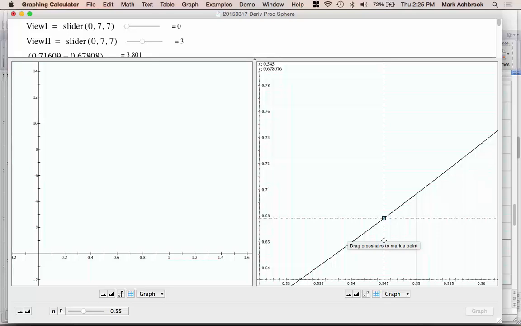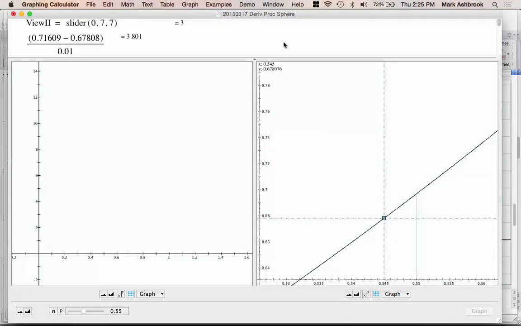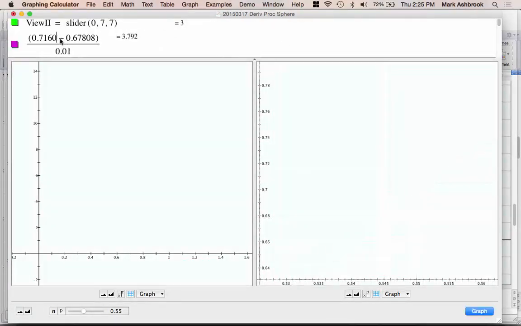Find a good estimate for the rate of change at the moment 0.55. Everyone go. Everyone should be able to do this. Compare with the people around you. What was the first y value?